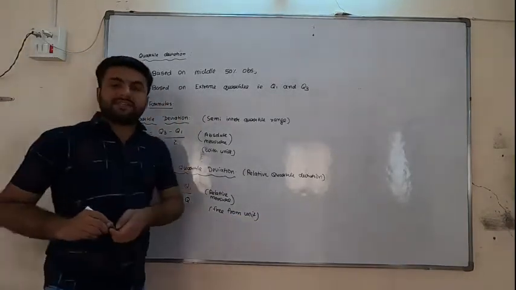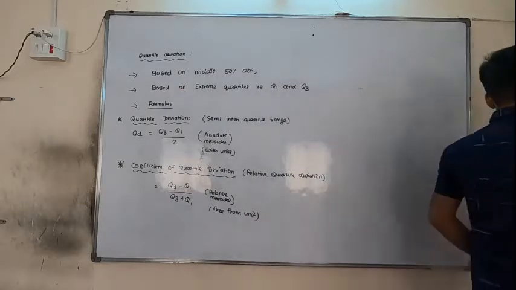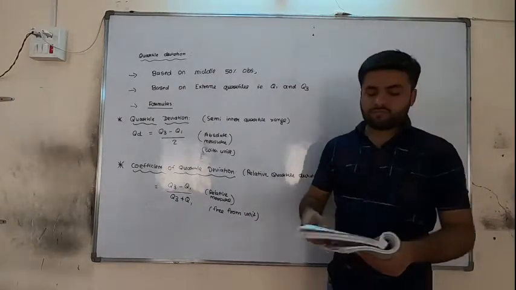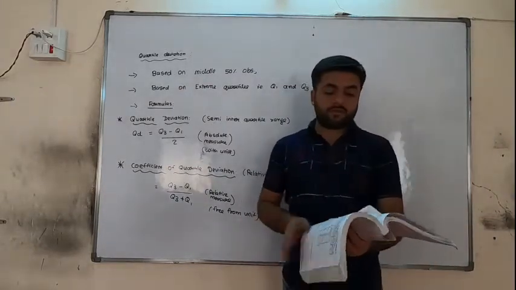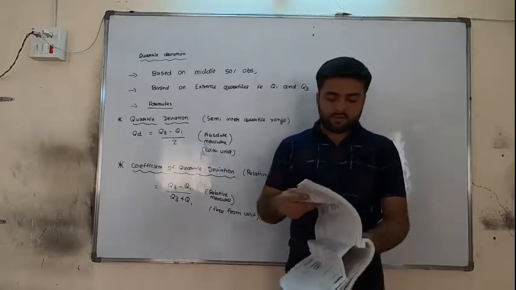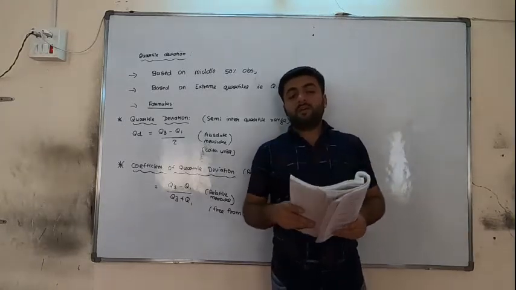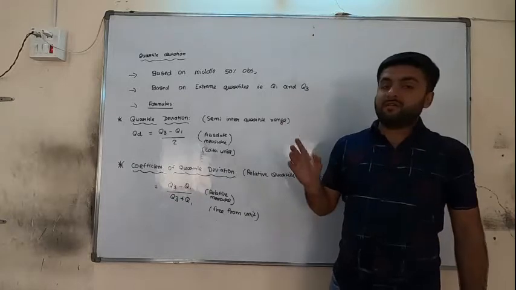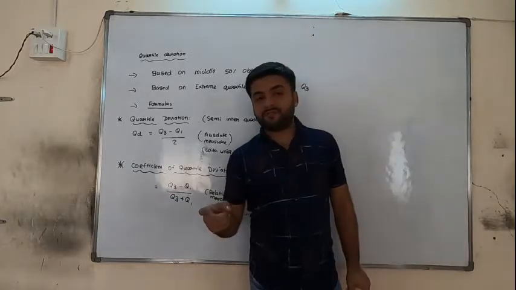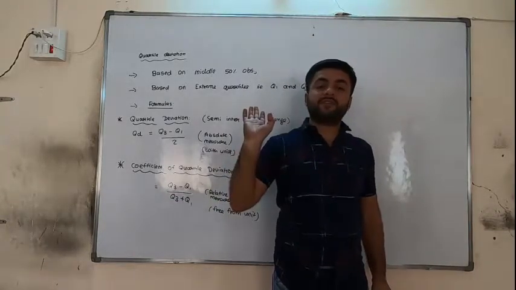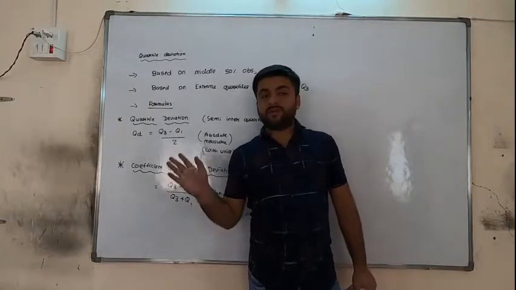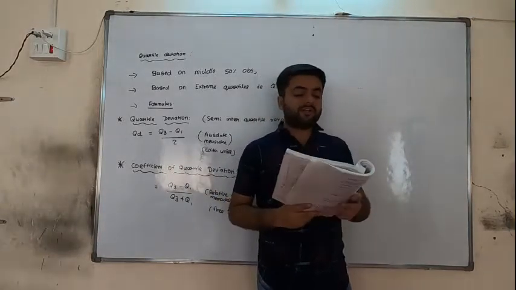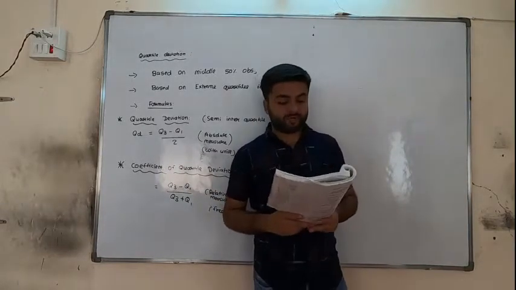Now let's solve exercise 4.2. On page number 133, three sums are given. One is of ungrouped, next is of discrete, and next is of continuous data. So one each is given.